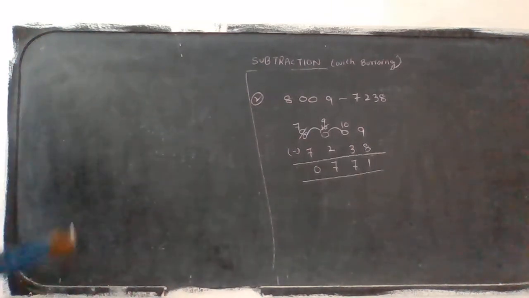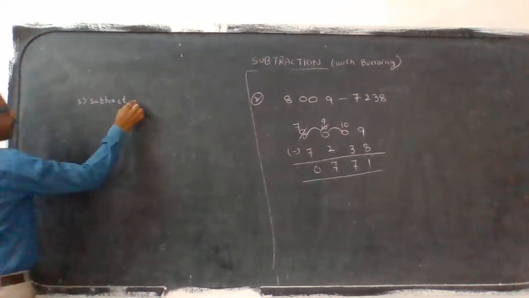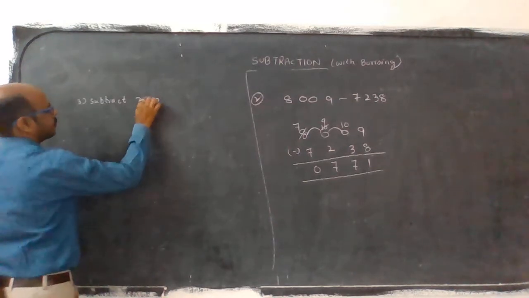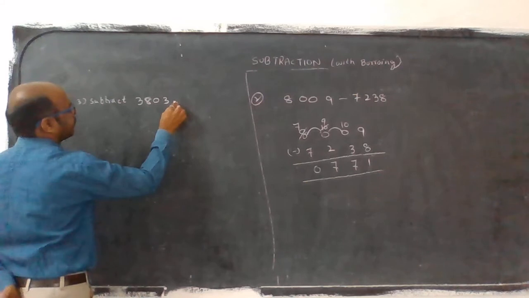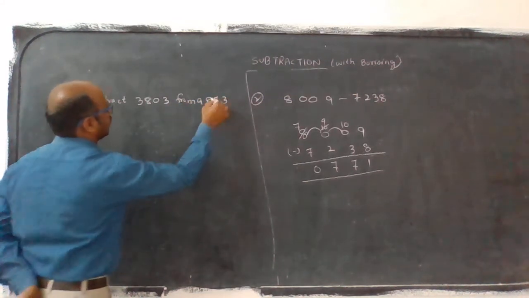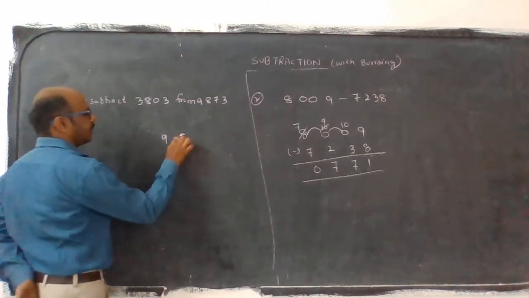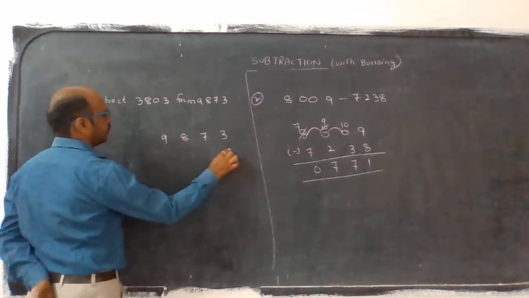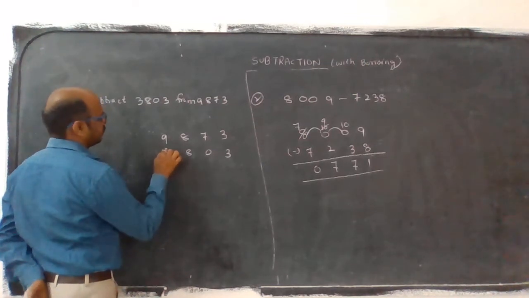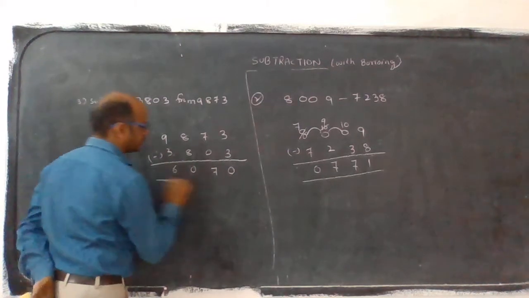Subtract 3803 from 9873. Write the bigger number on top, 9873. The difference is 6070.